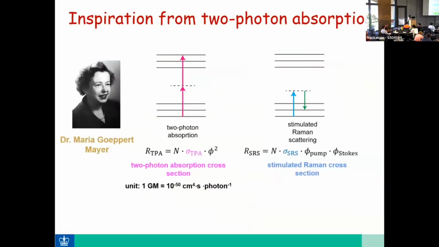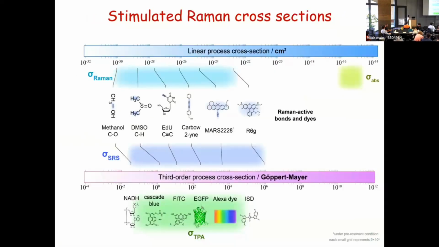Once we have this stimulated Raman cross-section defined, which is also in units of Goeppert-Mayer, we now have an intrinsic parameter from a molecular level rather than a bulk material to describe the SRS response.